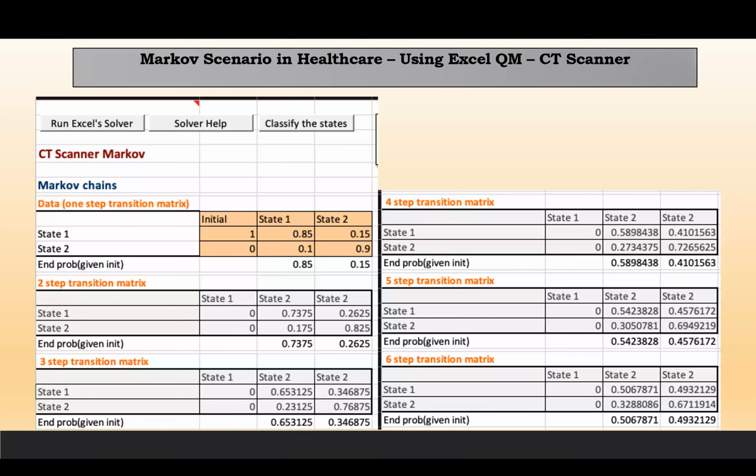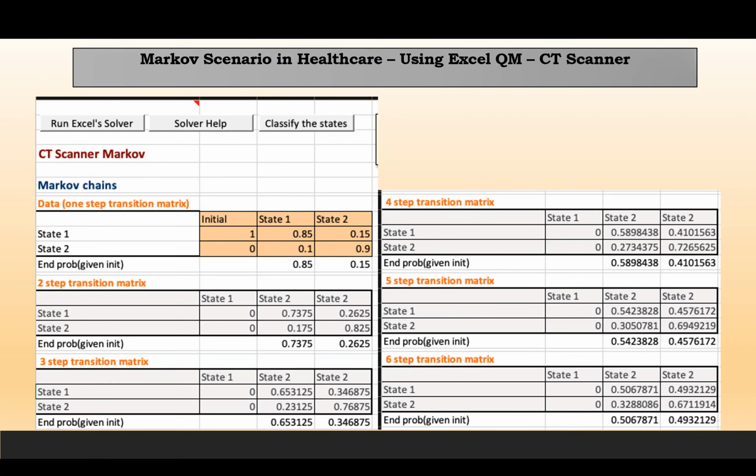Here you're looking at 85% that it's going to be working if it was working the previous month, 15% that it will not be working if it was working the previous month. And on that second line, you're going to see a 10% chance that it will be working if it was not working last month, and a 90% chance that it won't be working if it was not working last month. That is more realistic for a CT scanner.